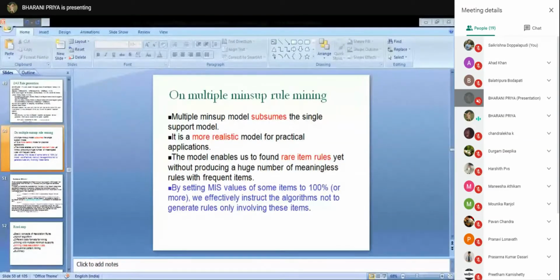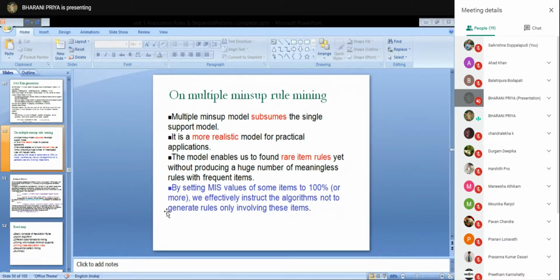As we are including multiple item supports and finding the frequent item sets for both the frequent items and the rare items, it is more realistic when compared to your general Apriori algorithm or general single support rule.